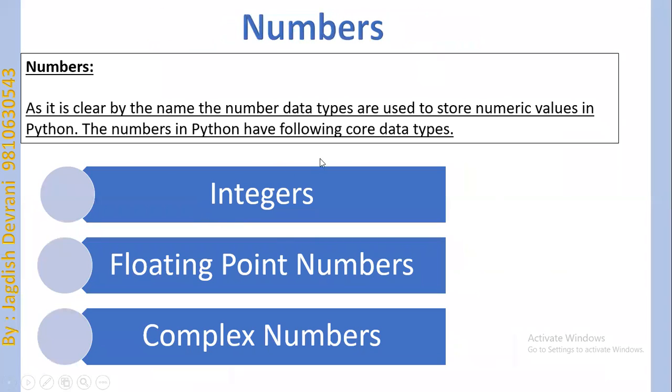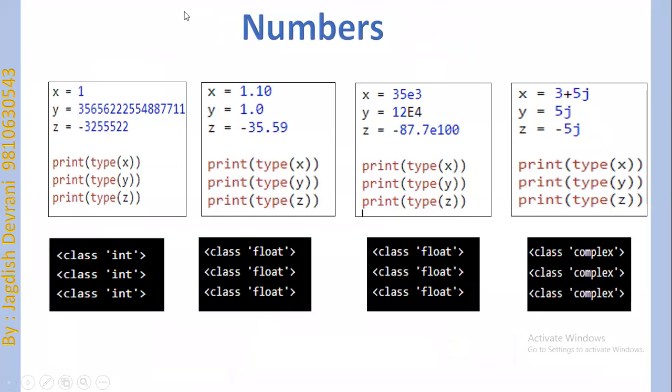First of all, it is numbers. As is clear by the name, the number data types are used to store numeric values in Python. And the numbers in Python have the following core data types: integer, floating, and complex numbers. X equal to 1, and if I say type of X, it will give me class int.